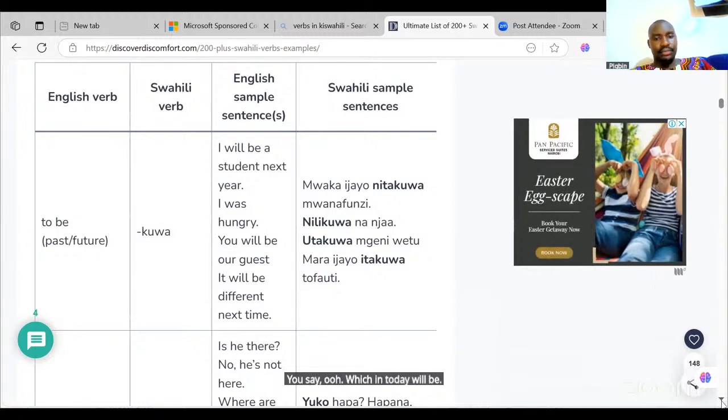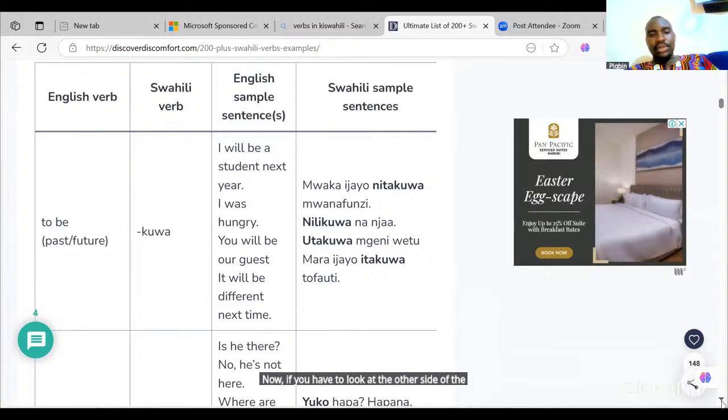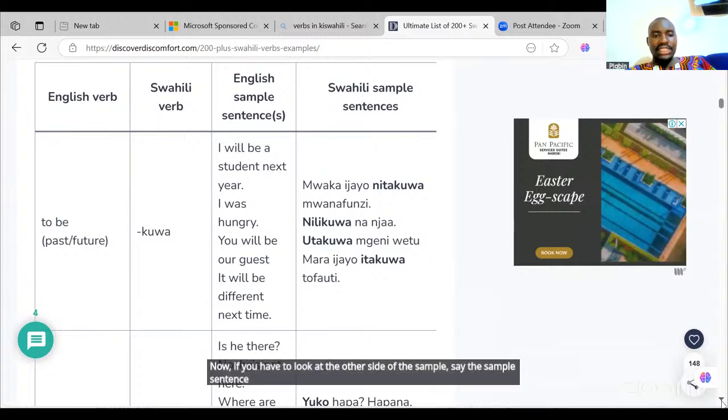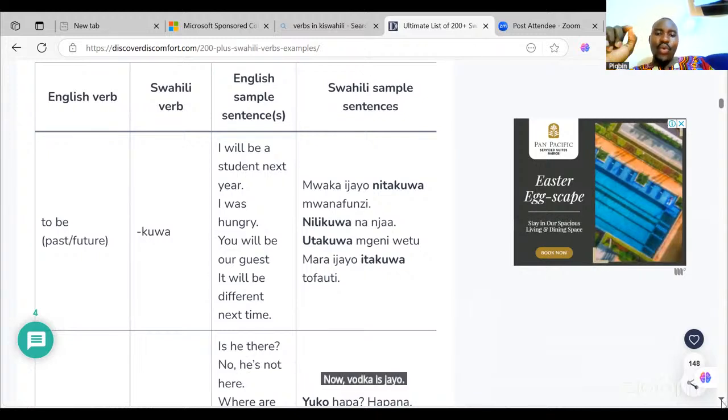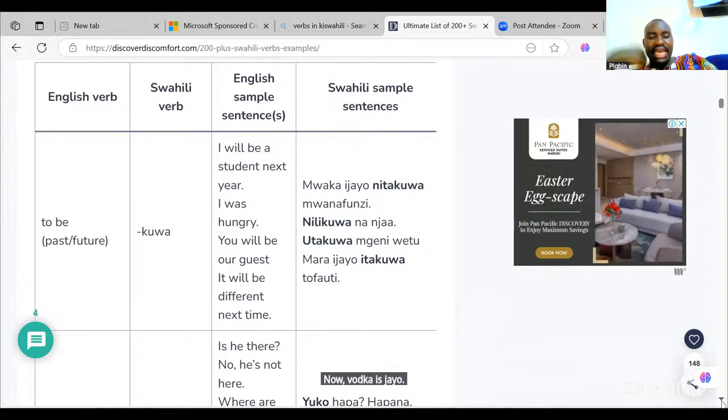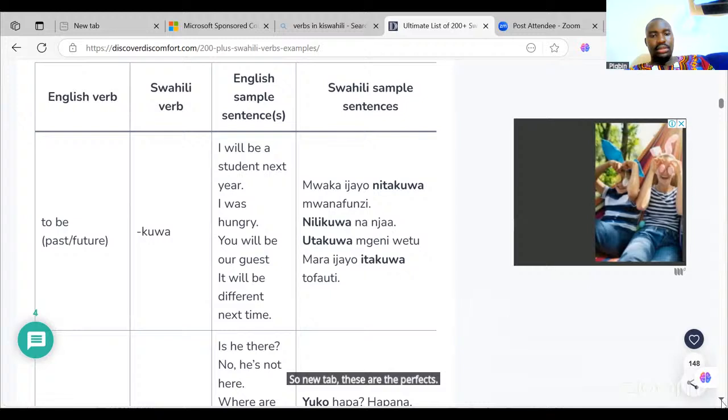Now, if you look at the other side, the Swahili sample sentence, the first sentence is mwaka ijayo nitakuwa. So nita, these are the prefix, but the word is kuwa.